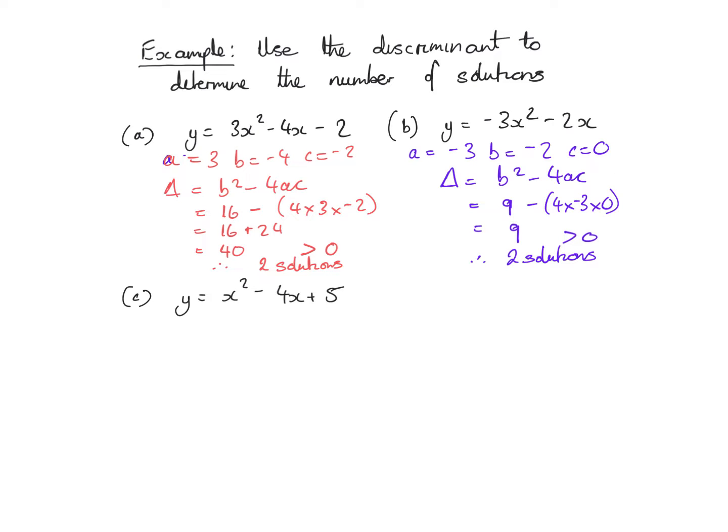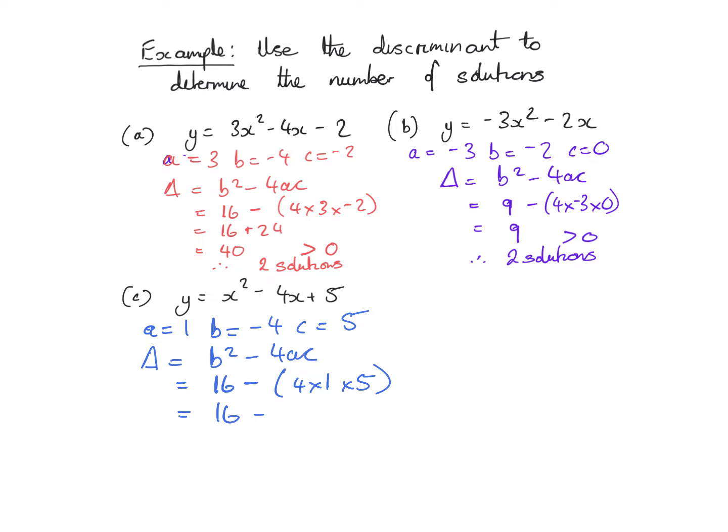And one more. This time you've got A equal to 1, B equal to minus 4, C equal to 5. Again, discriminant equals b squared minus 4ac, and this time it's 16, take away 4 times 1 times 5, 16, take away 20, and we end up with a negative 4.